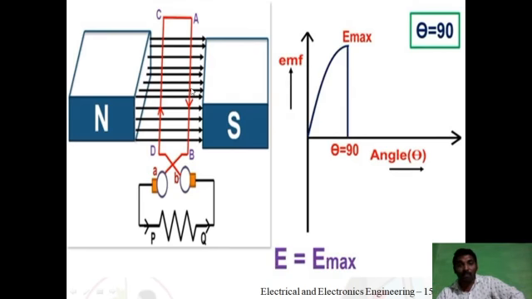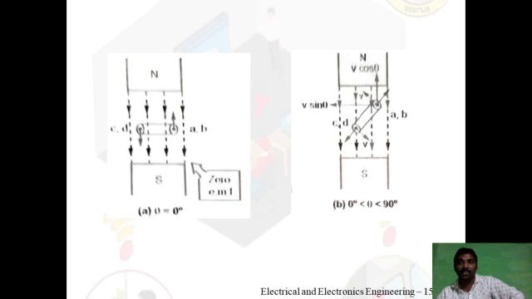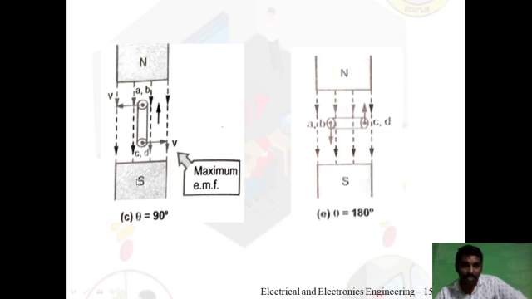What about the components of velocity? You can observe the components of velocity at theta is equal to 90 degree. If you observe this one and this one, it is perpendicular to the lines of flux. The plane of a coil is in parallel, no doubt in that, but the components of velocity are perpendicular to the lines of flux.